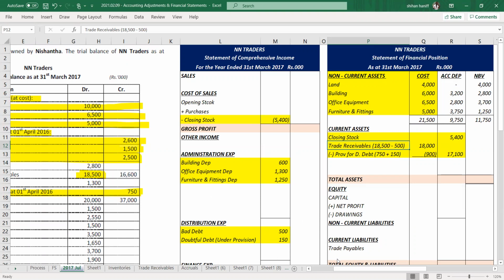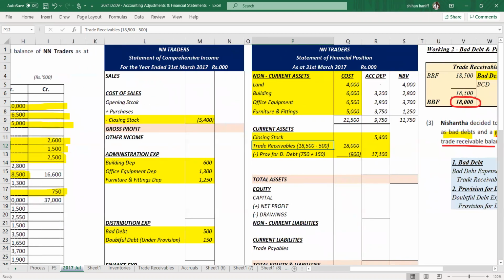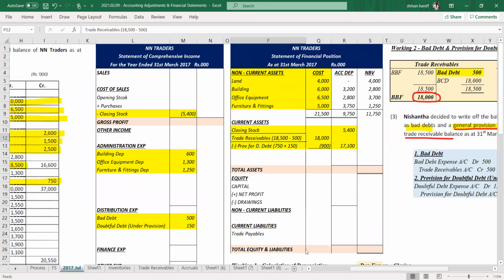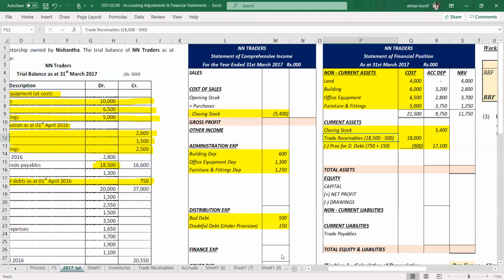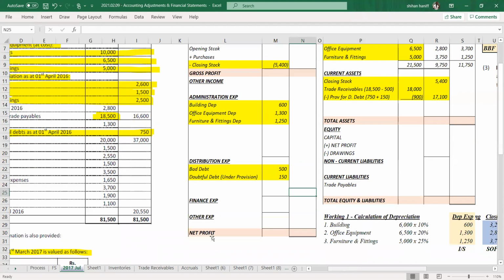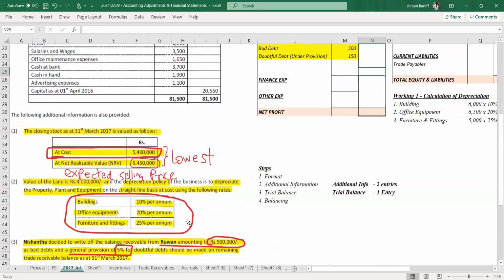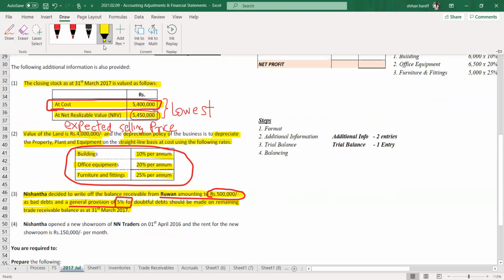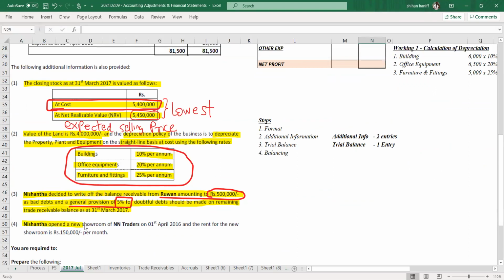Okay. Then the last adjustment. Nishant opened a new showroom of NN Traders on 1st of April 2016, and the rent for the new showroom is 150,000 rupees per month.